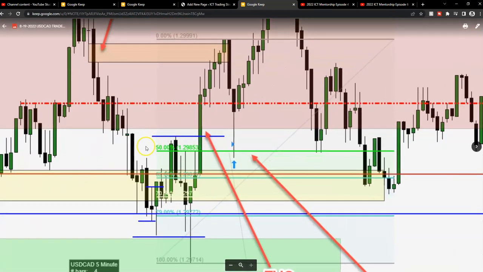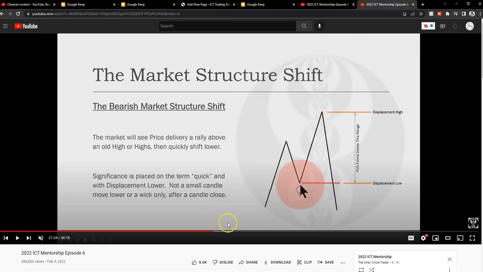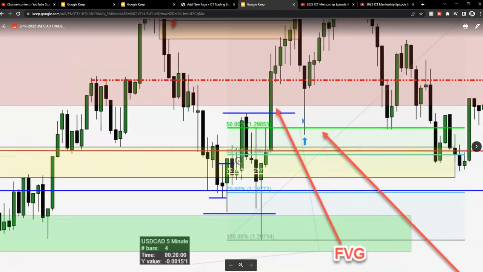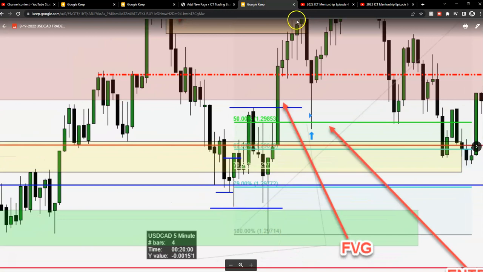So right after the market takes out a liquidity pool, that's when you begin to check for this particular setup. And then, as you can see, let's go into the market structure for the bullish market structure shift, and it looks exactly like what I'm showing here. Boom, boom, boom, right?